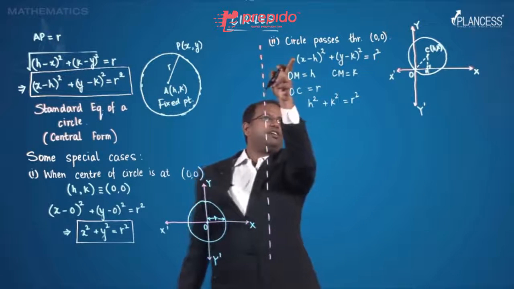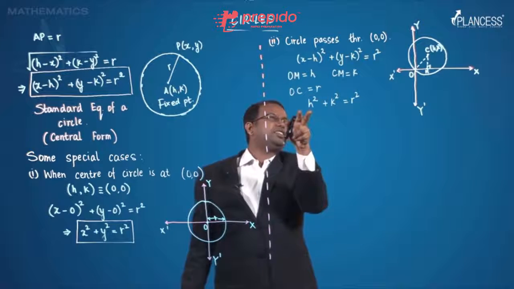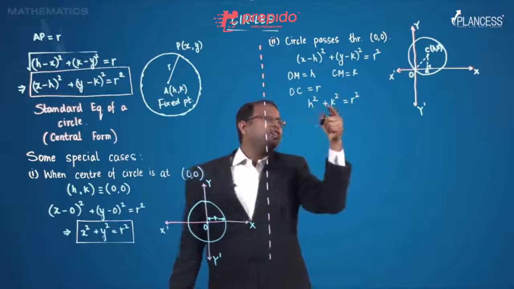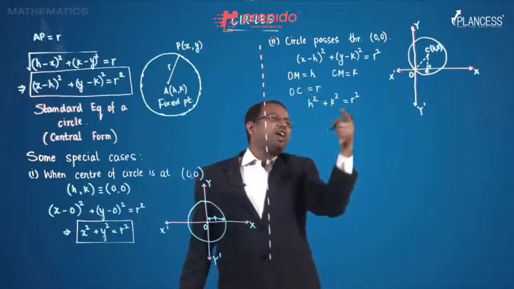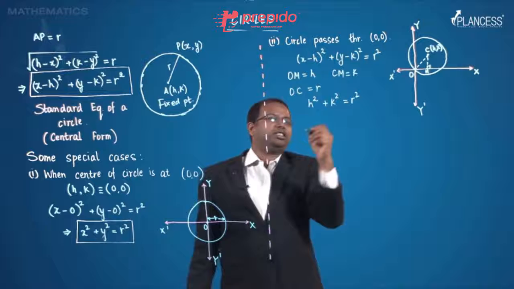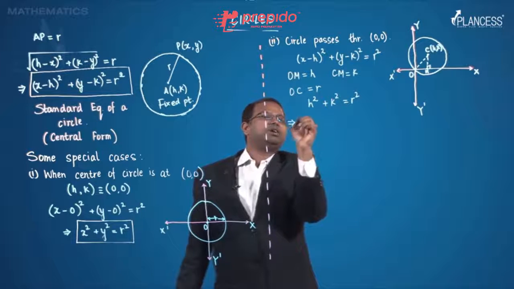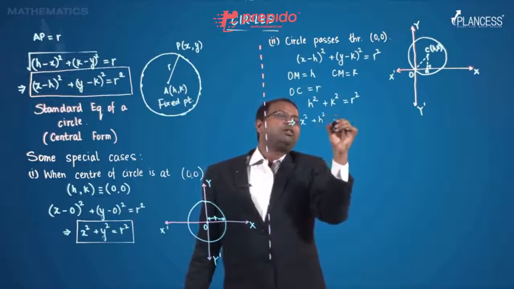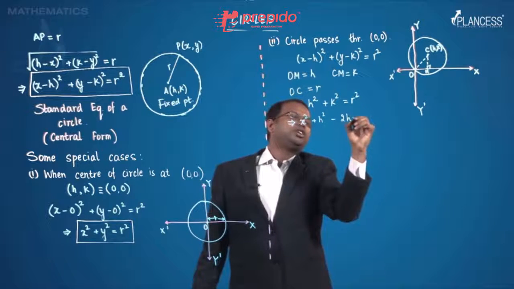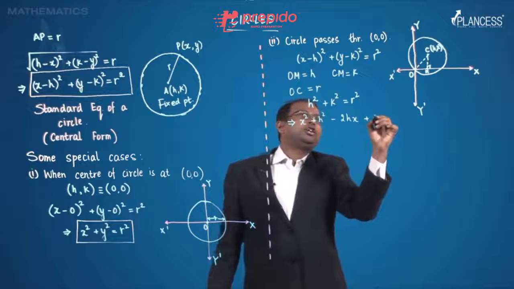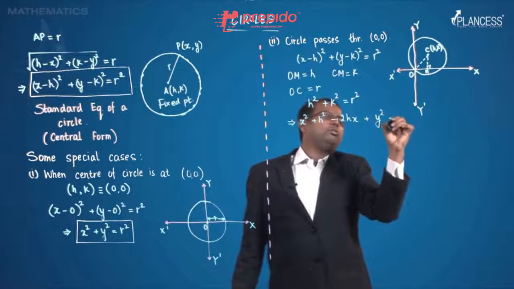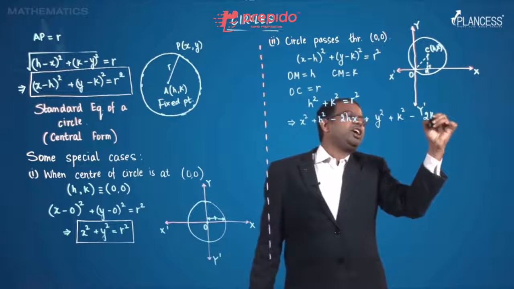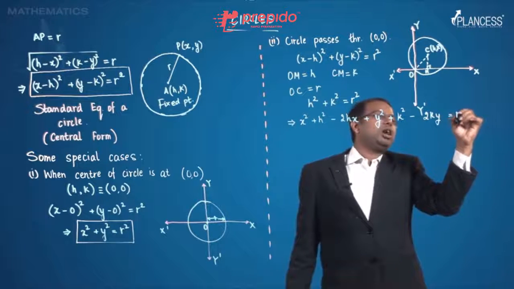So this is the standard form, and this is another condition which we have figured out in this particular special case. So let's see what happens if we substitute the value of h square plus k square in this equation. So what we have is x square plus h square minus 2hx plus y square plus k square minus 2ky equal to r square.